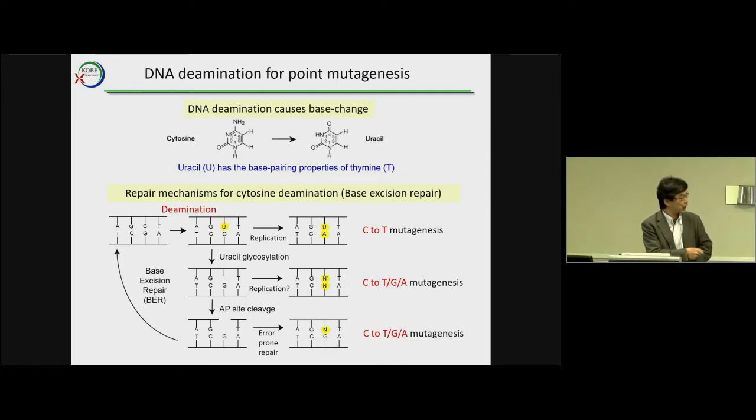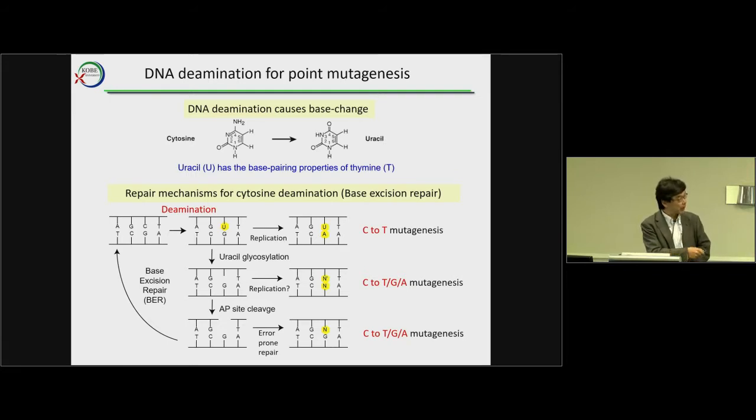So like this, during this mutation, life tries to repair. As a result, not just C to T, but C to T, A, G could happen. But actually, if we use this base editing system, most of the mutations are just C to T. So in that sense, this is a very specific mutation system.